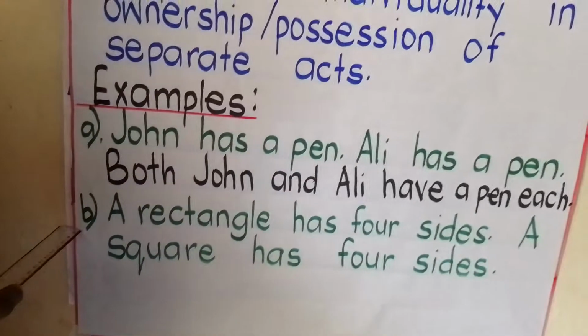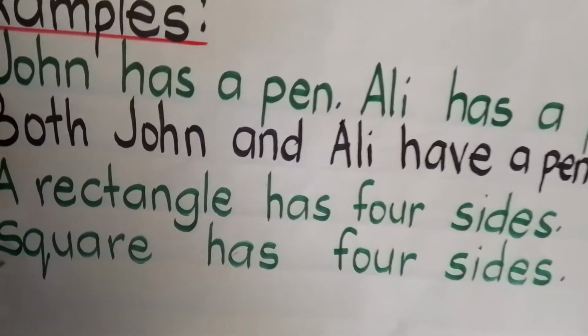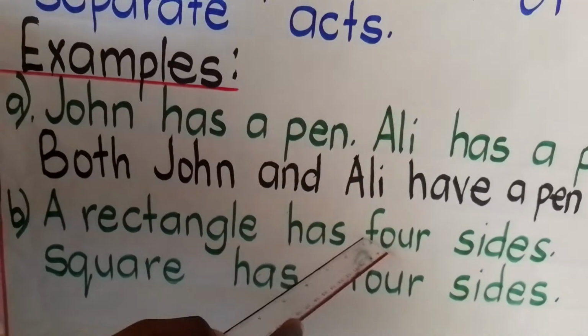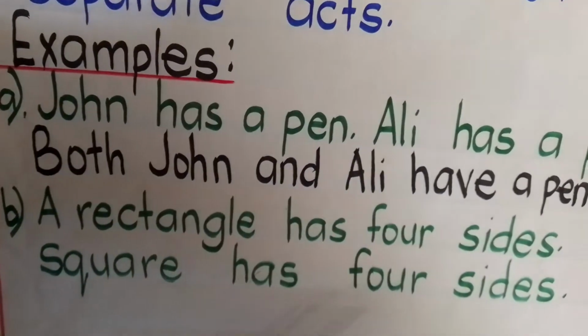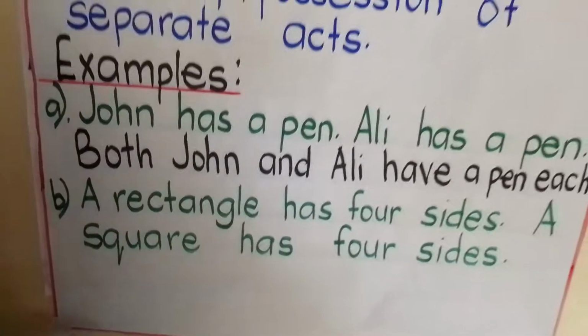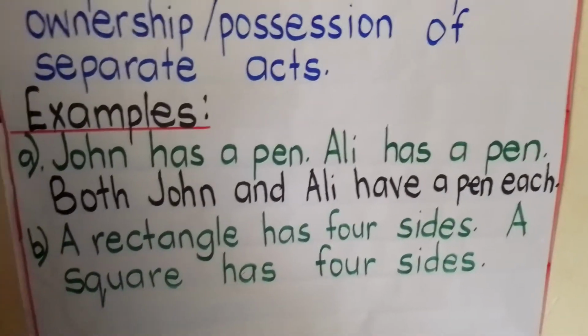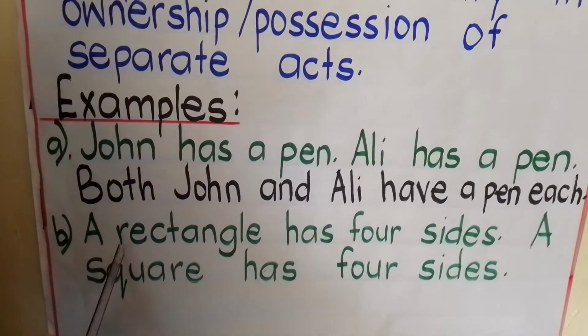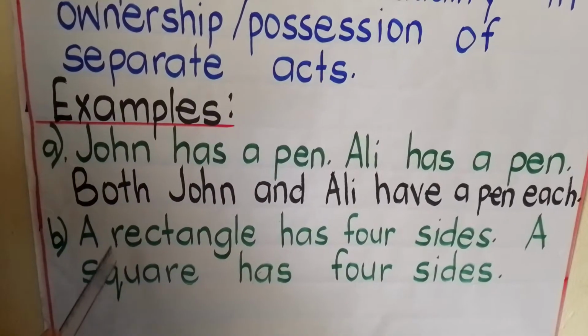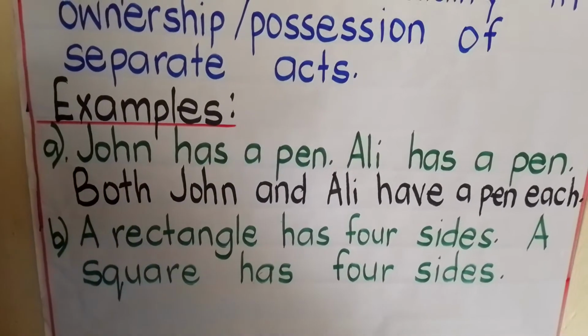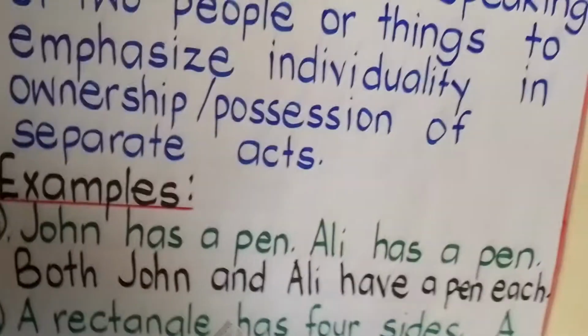Let's go to the next example. B. A rectangle has four sides. A square has four sides. We all know that a rectangle and a square have got four sides. But in this case, when we use both to talk about a rectangle and a square having four sides, we are supposed to use each.